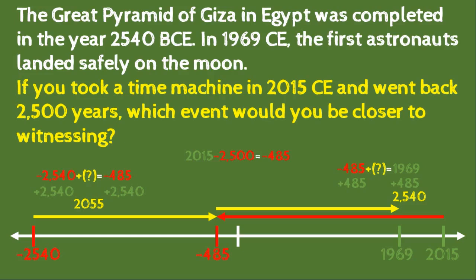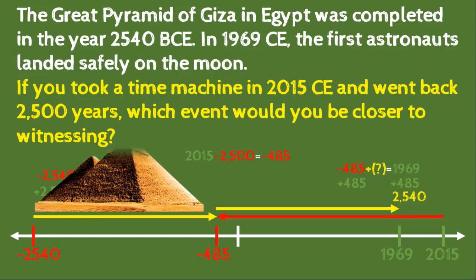Now, what event would we be closer to witnessing? We simply choose the smallest number, which is the closest to us. And in this case, it would be the Great Pyramid of Giza being completed.